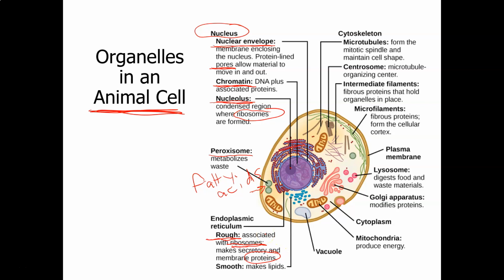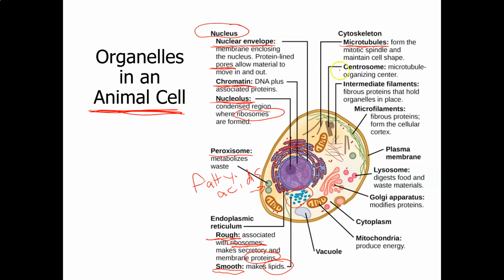The smooth endoplasmic reticulum does not contain ribosomes, and it is associated with producing lipids and carbohydrates. And the cytoskeleton of the cell involves microtubules, which are involved in cell division and help maintain the cell shape. The microtubules are the largest of the fibers that form the cytoskeleton.